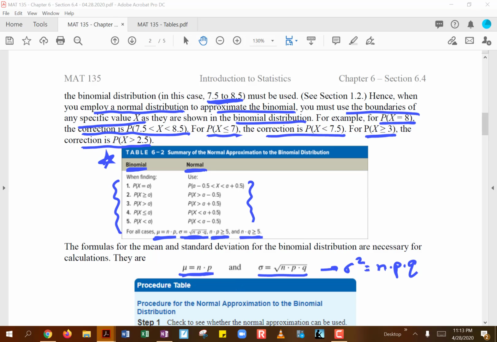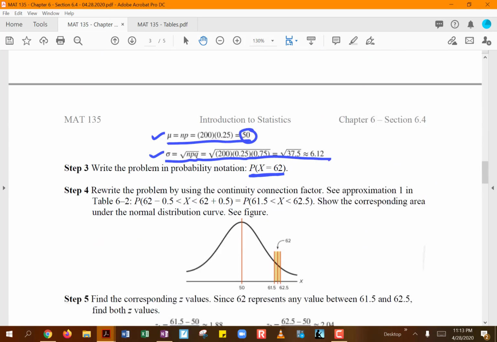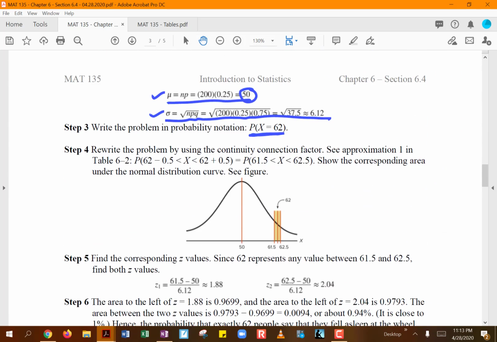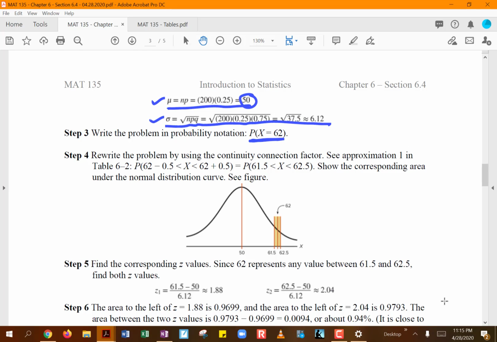So that is why from the number 62 we are subtracting 0.5 and adding 0.5. Okay, so to calculate our boundaries, we subtract 0.5 and we add 0.5. So basically our correction is going to be finding the probability between 61.5 and 62.5.